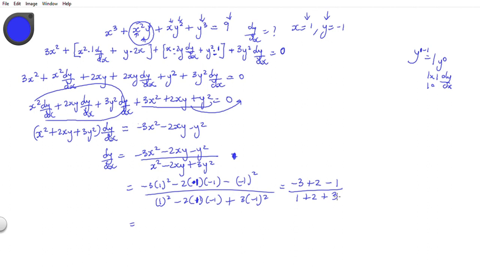So in the end, what do we have here? We have minus 2 divided by 6, which is minus 1 over 3. So the answer is minus 1 over 3. So that's implicit differentiation.